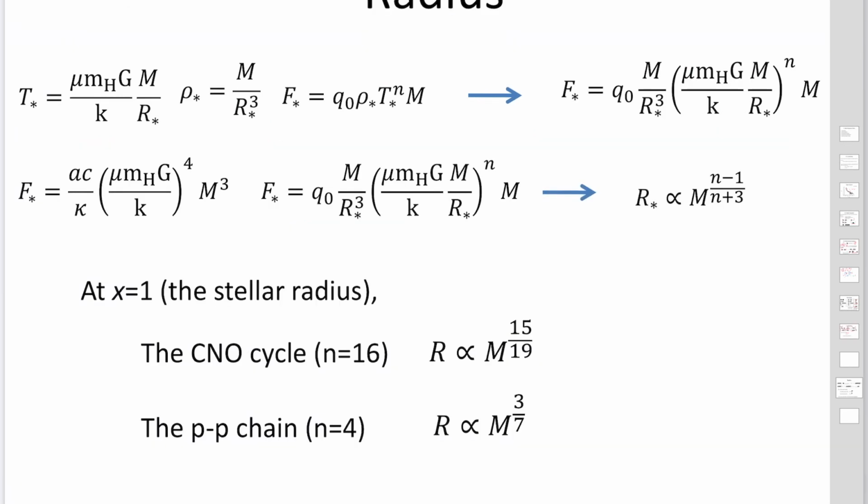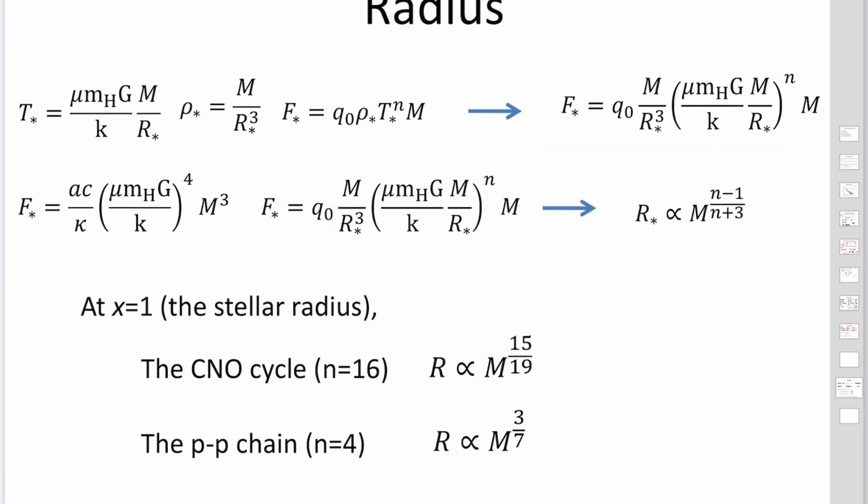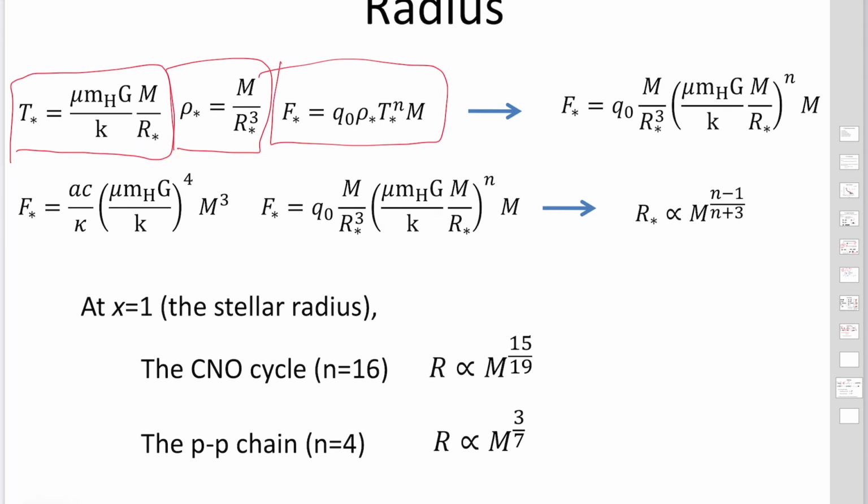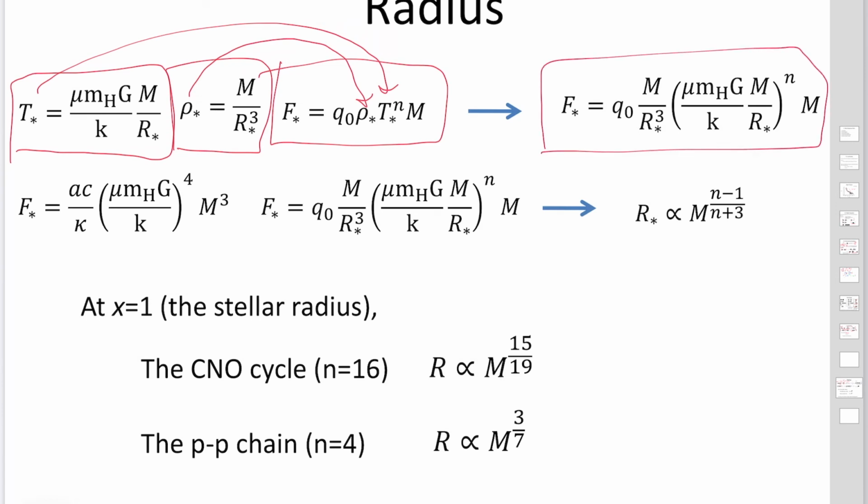We could consider the radius. And temperature is expressed as I have explained. And also density and the flux are here. Then you can substitute density here and temperature here, and you could express the flux with this equation.